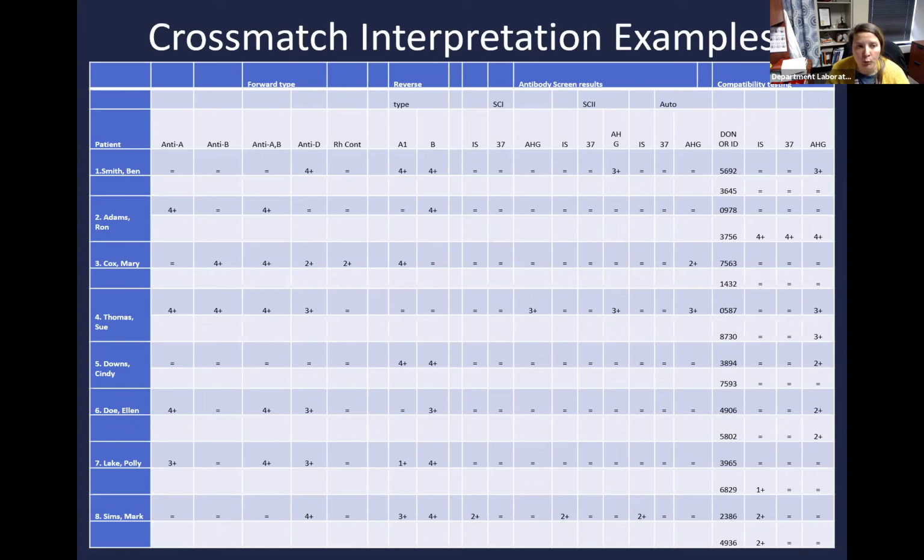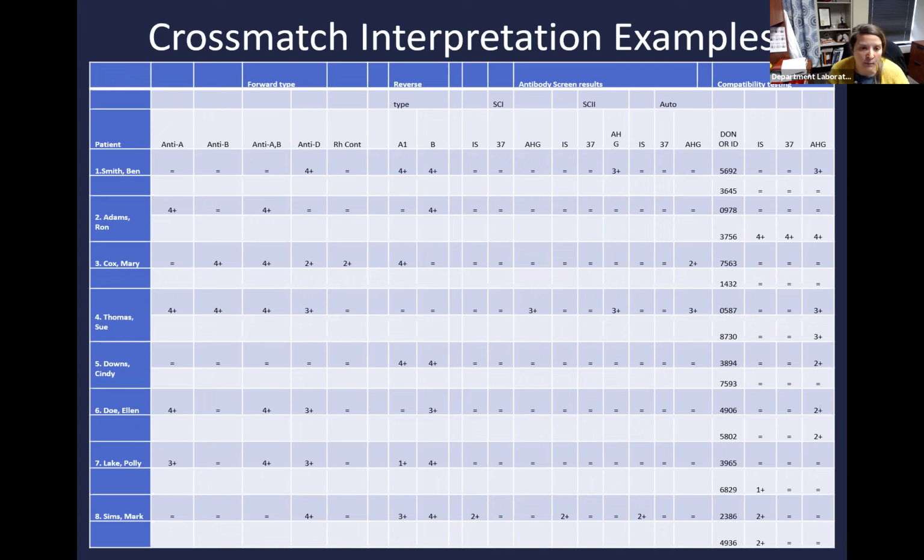All right, so when you approach these cross-match interpretations, you want to make sure and look at your patient ABO. Was there any type of discrepancy present? Take a look at your patient IAT. Is there an antibody present? And then look at your cross-match results. What phase is it incompatible in? And then what can cause incompatibility at that specific phase.